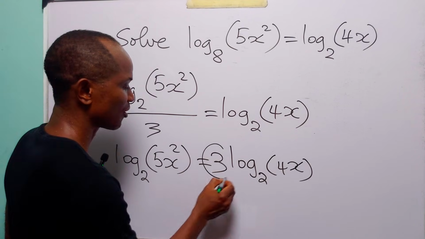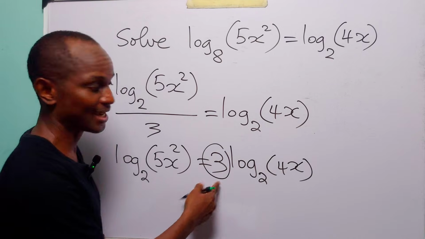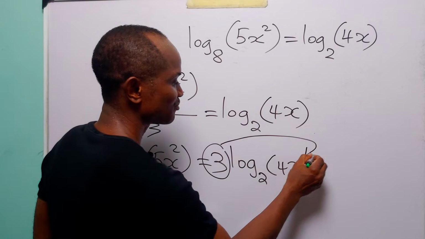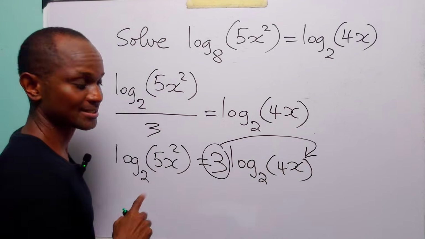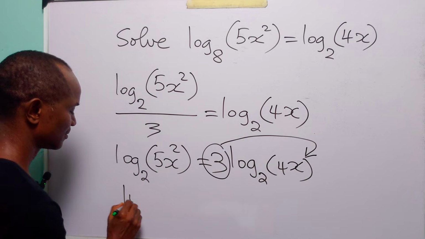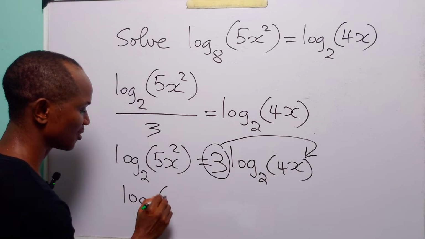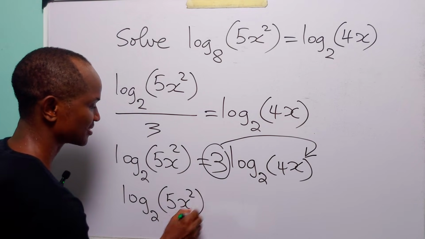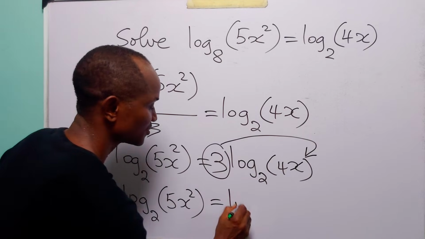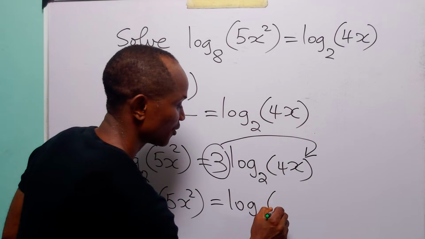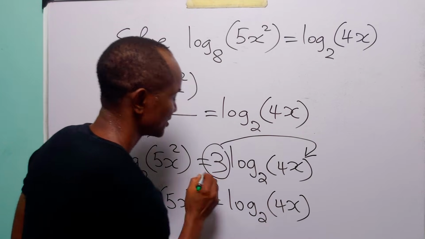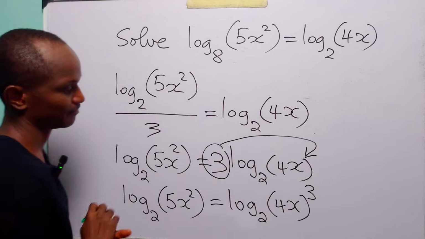That is, we are going to take up 3, this multiplier, to become the exponent of 4x. When we do that, we have log to base 2 of 5x squared is equal to log to base 2 of 4x to the power 3.